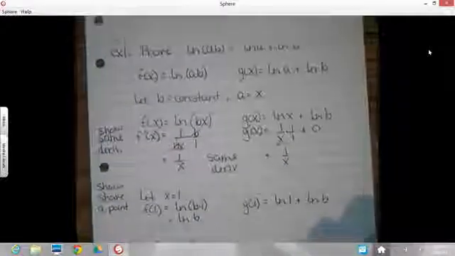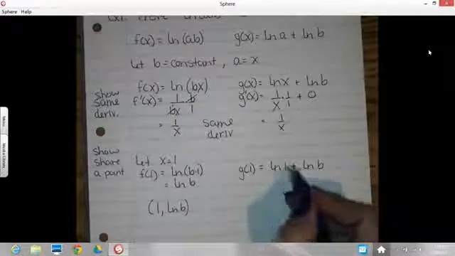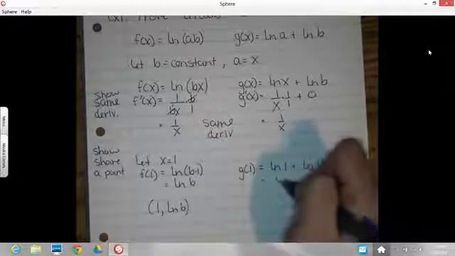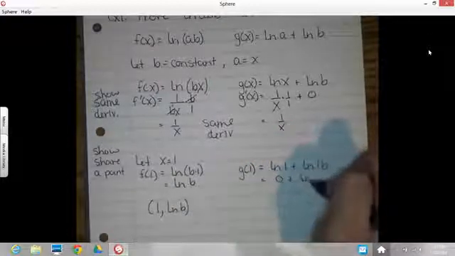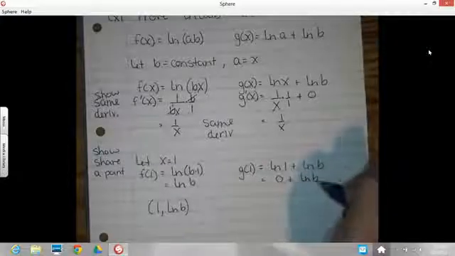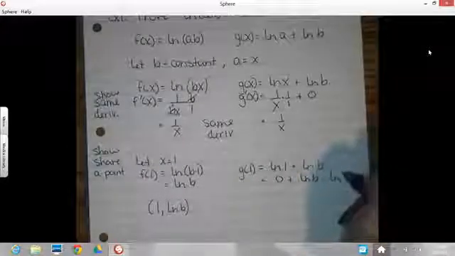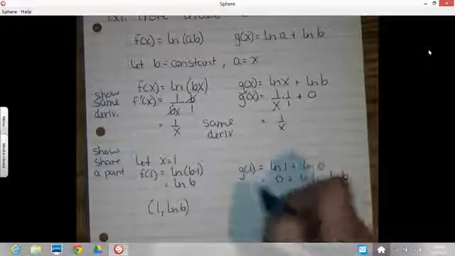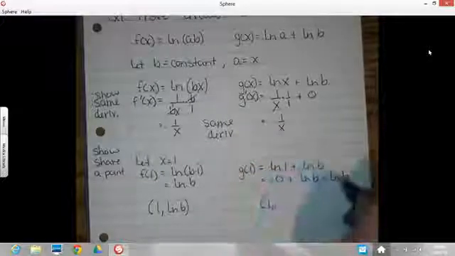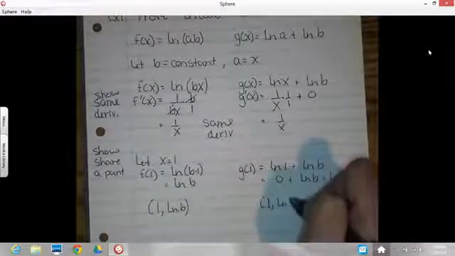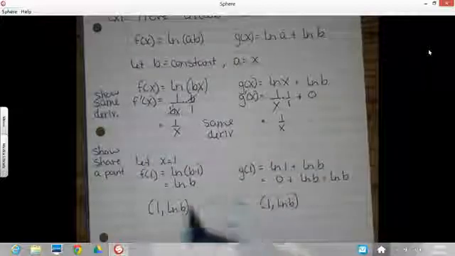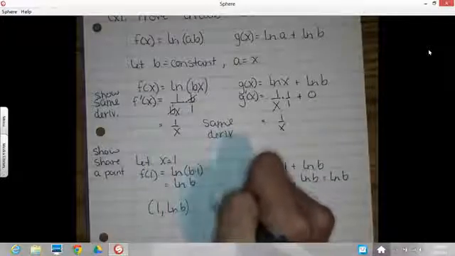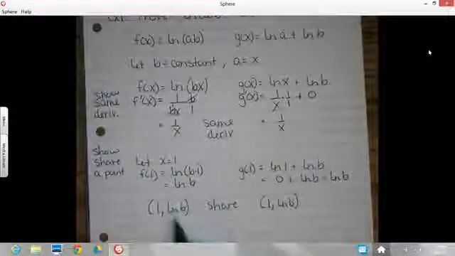And if you remember, maybe you don't, the natural log of 1 is 0 plus natural log of b. So I got natural log of b again for my y value. So when I put 1 in for the x, we simplified down to natural log of b. So now I've shown that they share a point. Specifically, they share the point 1, natural log of b.